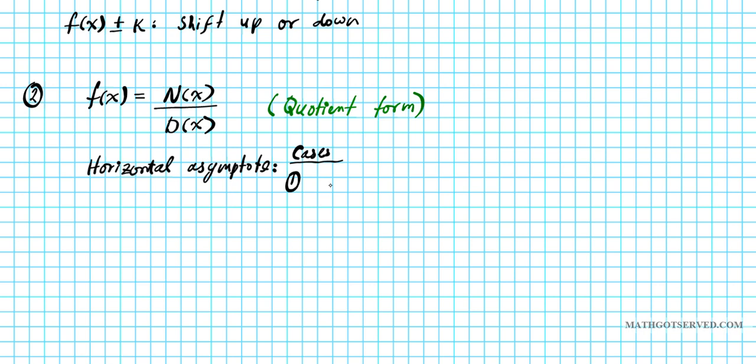So, case number one: if the degree of the numerator polynomial, n of x, or let's just call it the numerator, is greater than the degree of the denominator, in this case, we have no horizontal asymptote. You could have an oblique asymptote, but you do not have a horizontal asymptote.